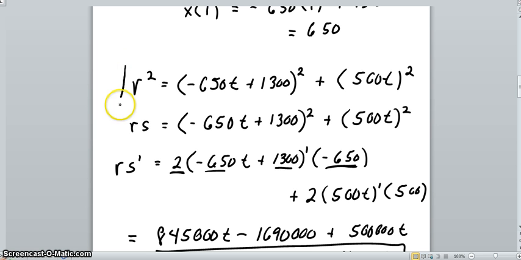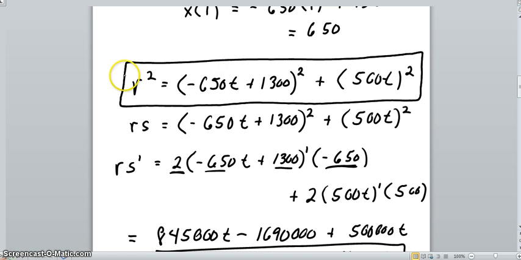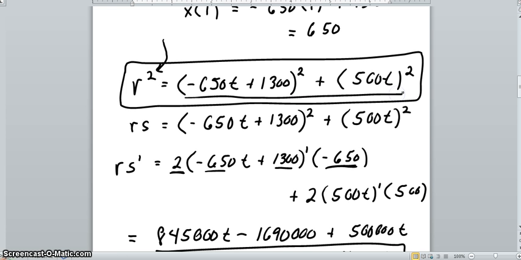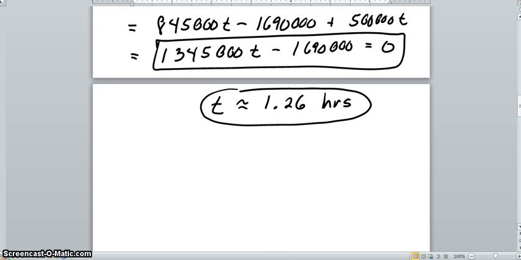We would come back up here, plug in our value for time, and then of course remember that we would want to solve for r, so we would want to take the square root of the number that we get over here once we plug in our value for t, which is 1.26. So I think once we have found that time, we're well on our way to answering the second question.